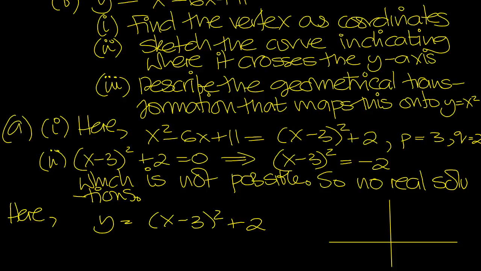So this is for the sketch, and then we can also get the vertex at the same time. So the vertex would be, when x equals 3, y is 2. 3 and 2. So there's that point there.